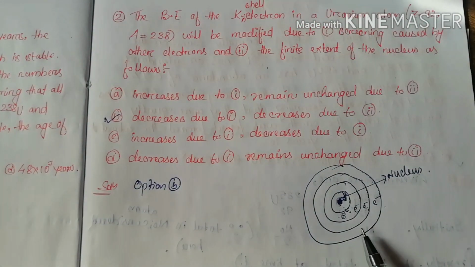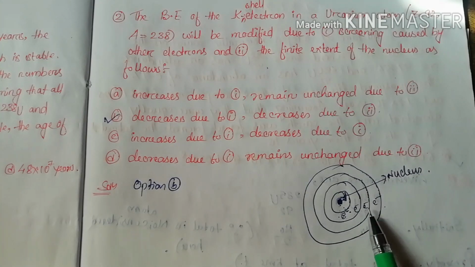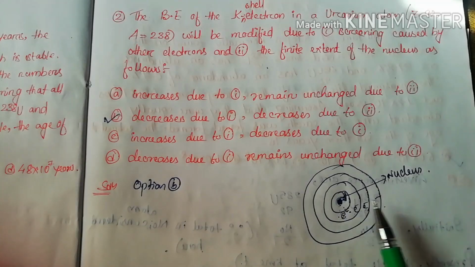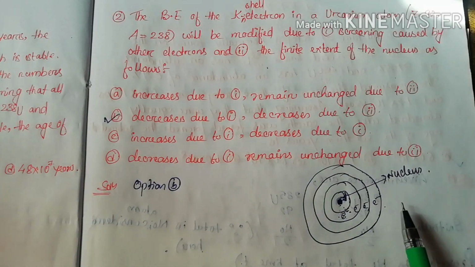So when there is more force of attraction, then more energy will be required. But here what we see is that all other electrons are negative, meaning the others are repelling. So due to the screening of the other electrons, the electron will come out easily from the K shell, meaning it will decrease the binding energy.